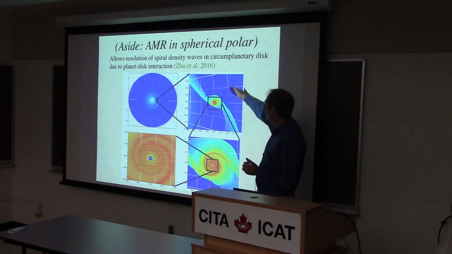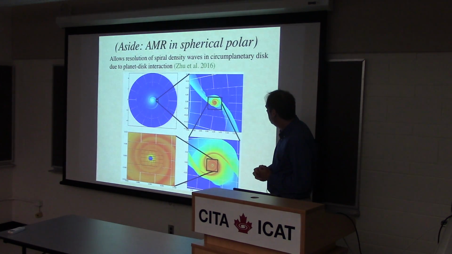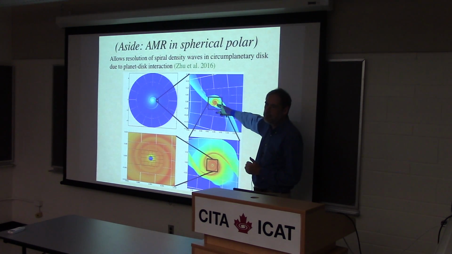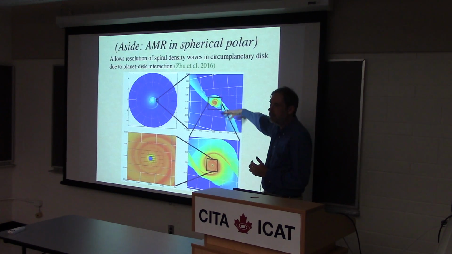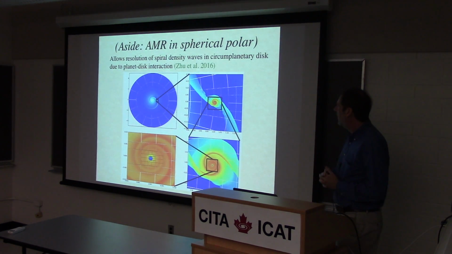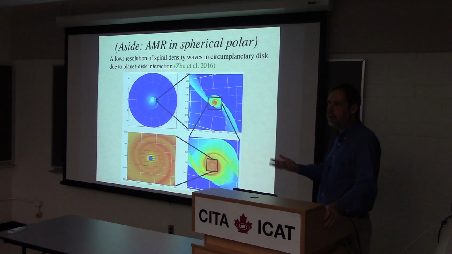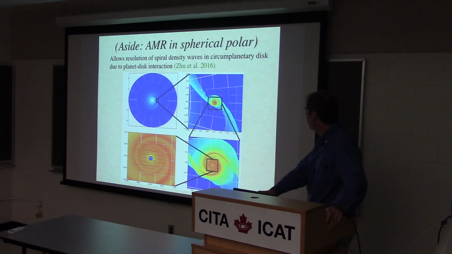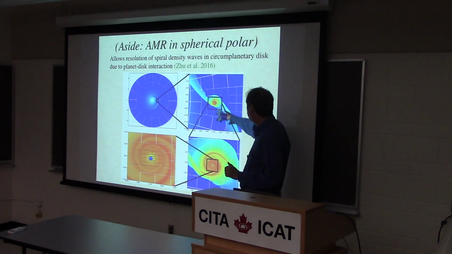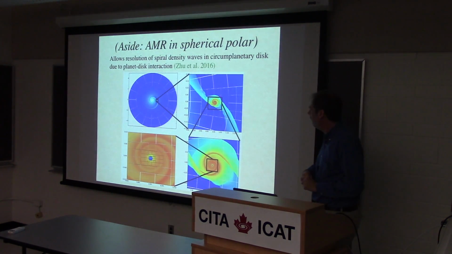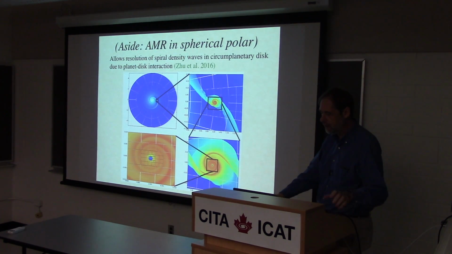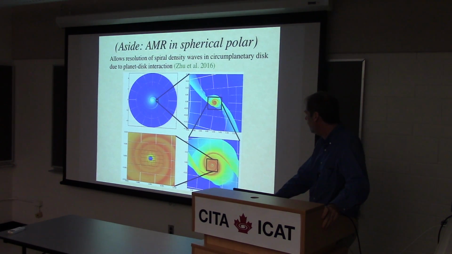Xiaowan Zhu and I have written a paper which points out that these spiral density waves can be very important for transporting angular momentum in circumplanetary disks, much in the same way they are in binary star systems. The tidal torques from the central object actually induce spiral shocks, which produce accretion. And so, again, this code has been used for lots of different things using these kinds of tools.